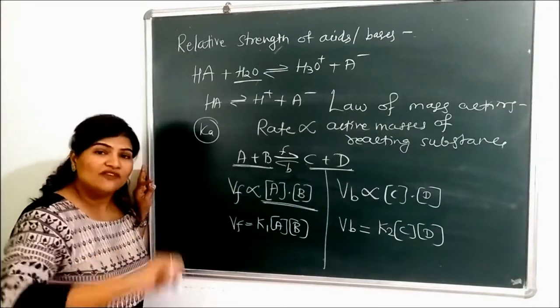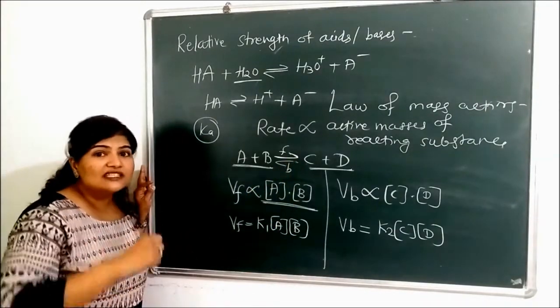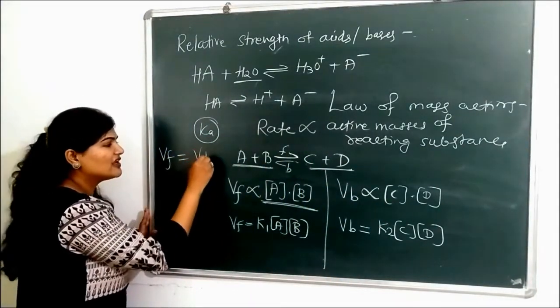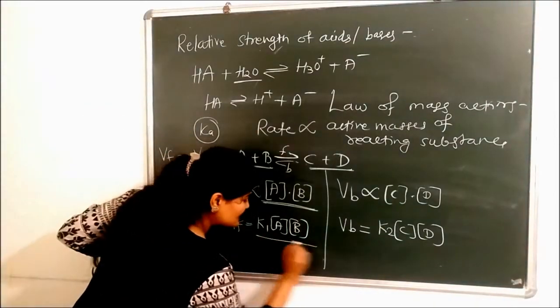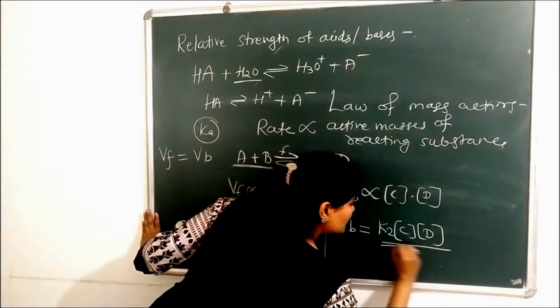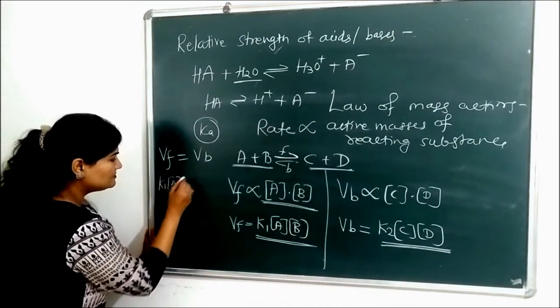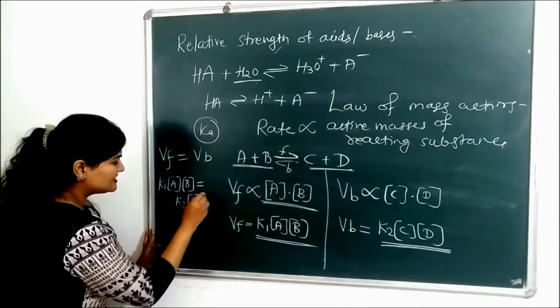Now you know, when a reversible reaction reaches equilibrium, the velocity of the forward reaction will be equal to the velocity of the backward reaction. So I can say this is equal to this. I'll write it here: K1 into [A] into [B] will be equal to K2 into [C] into [D].